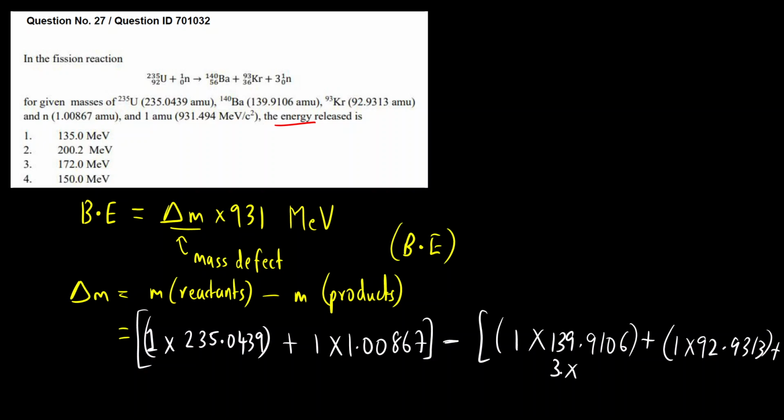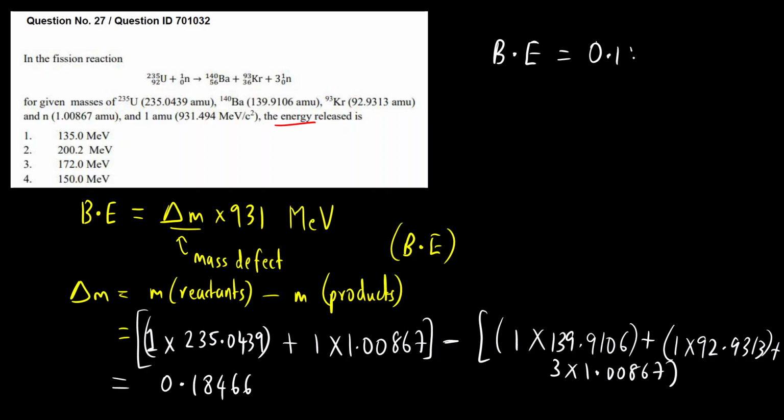So you will multiply 3 into the value of atomic mass of neutron is 1.00867. Okay, this value of 3 is important. If you don't add 3, then your answer will be incorrect. This, if you solve, the answer comes out to be 0.18466.